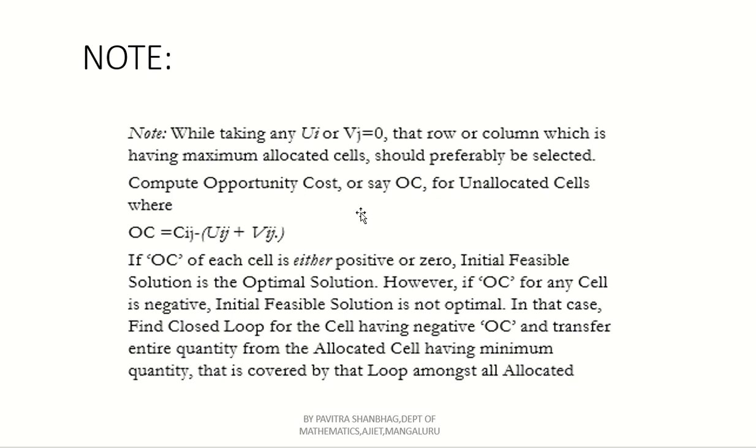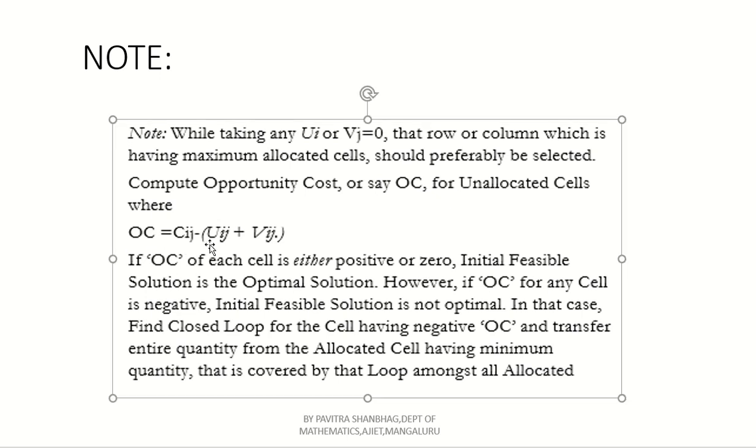Now here you have to remember this. First, how to find the opportunity cost: with the help of Cij minus (Ui plus Vj), right? If the opportunity cost is either positive or 0, then we can say that the initial feasible solution is optimal. Suppose the OC for any cell is negative, then the initial feasible solution is not optimal.